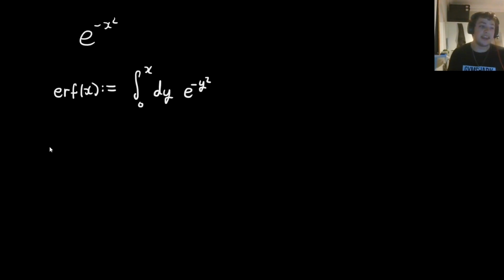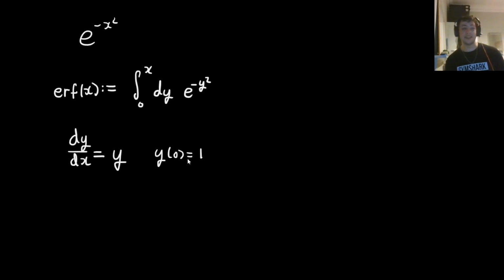Really, you can think of e to the x as being a special function. It's defined as the solution to dy/dx equals y with the initial condition y of 0 equals 1. That's actually a full definition for what e to the x is, so it's also a special function, but we don't think of it as special because we use it every day.